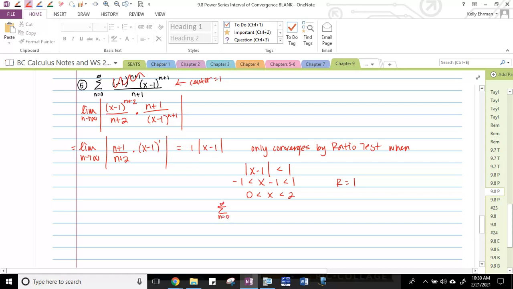If we plug 0 in for x, and I'm going to get rid of, I scribbled out that alternating piece, but it is important now. So if I put in 0 for x, I get negative 1 to the m plus 1 times 0 minus 1 is negative 1 to the m plus 1 over m plus 1.